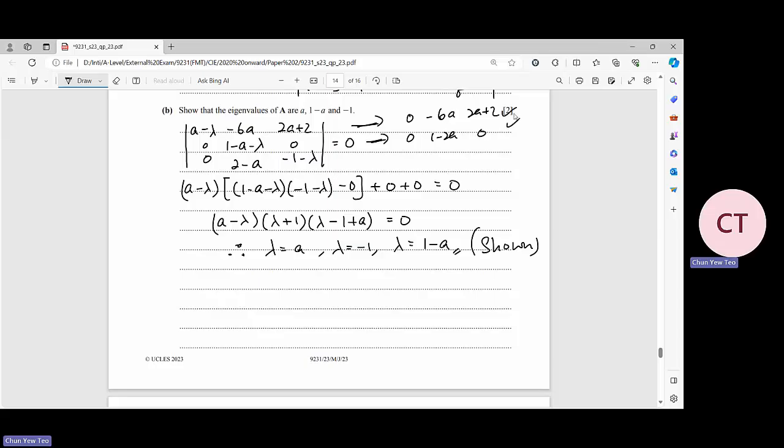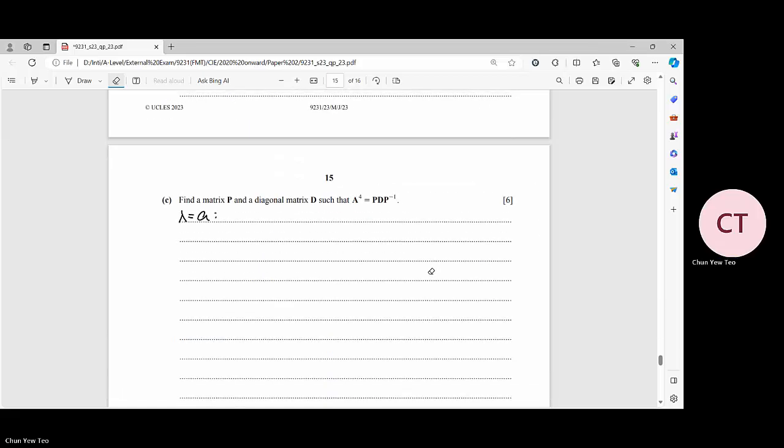So we'll choose these two to find the eigenvector. For this case, I just put i, j, k. Because the expressions over here contain the value A, it will be quite troublesome to solve.